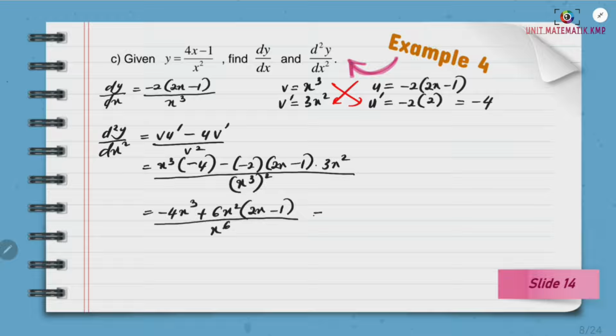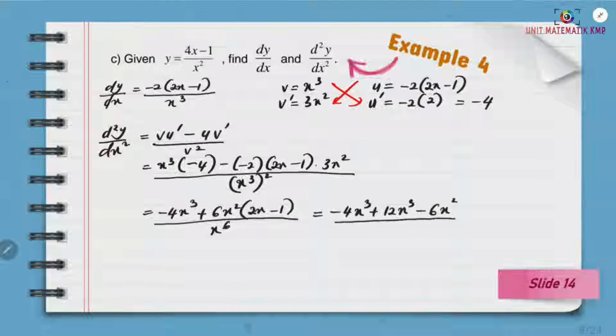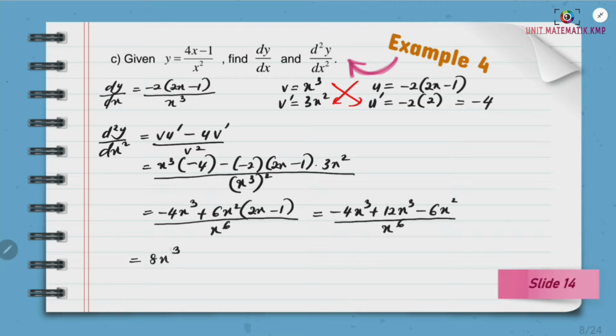And we try to simplify: negative 4x cubed plus 12x cubed minus 6x squared divided by x power 6. And we have 8x cubed minus 6x squared divided by x power 6.